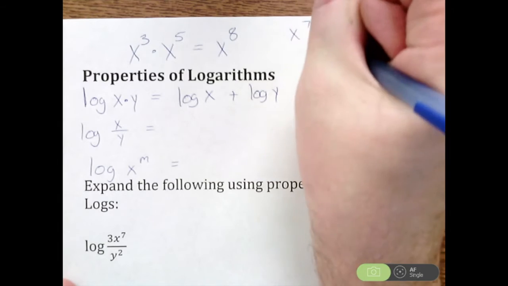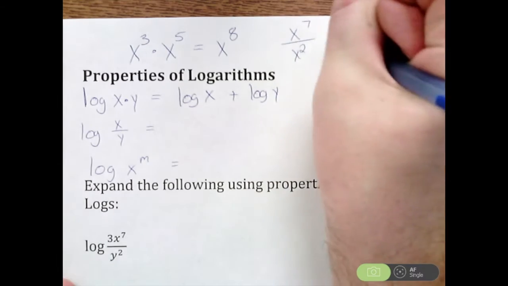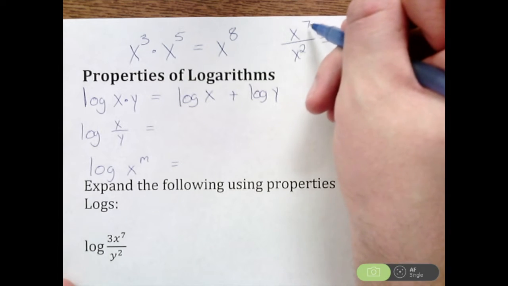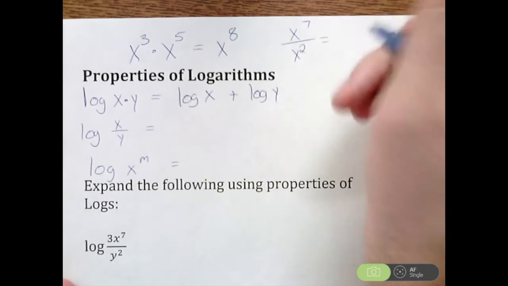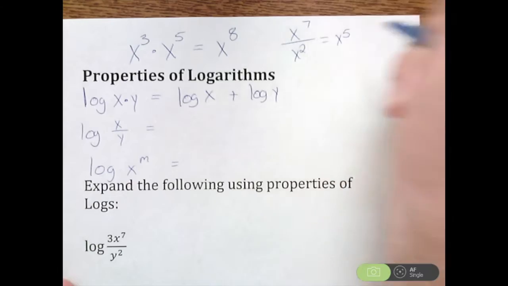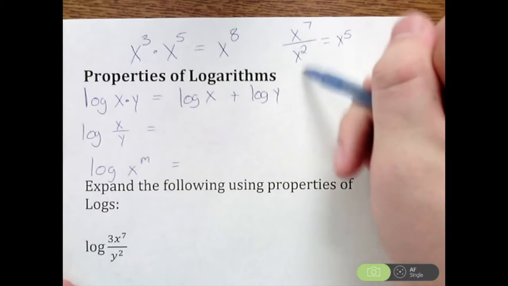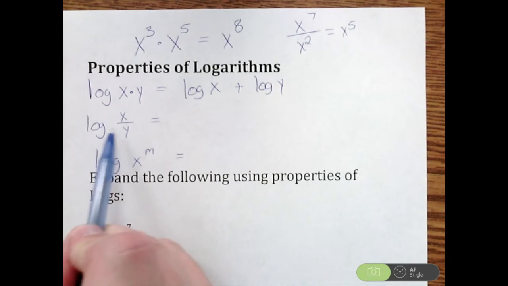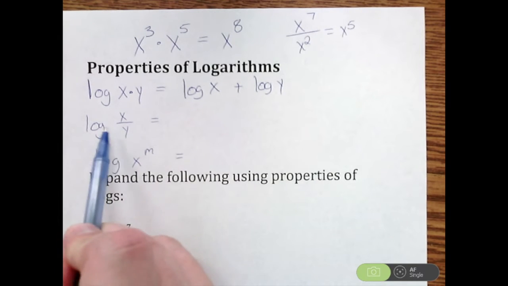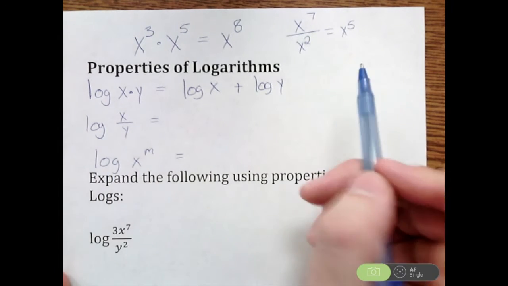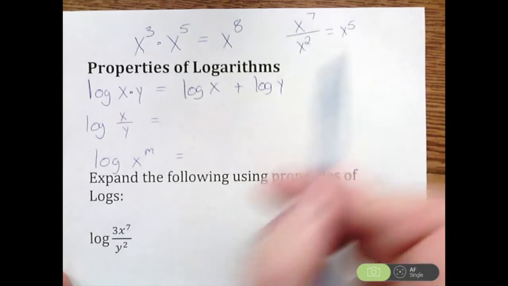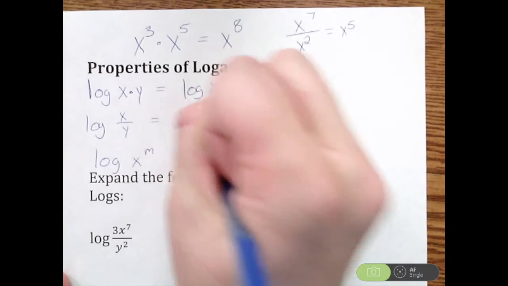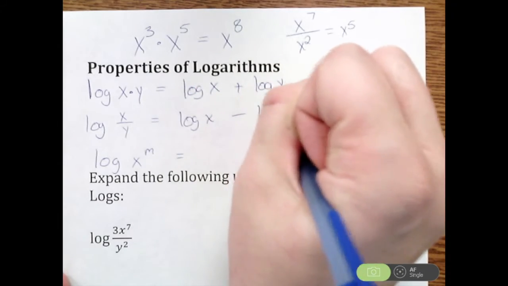If I had x to the seventh divided by x squared, the shortcut was to take the exponents and subtract. We took 7 minus 2 and got 5. So when dividing, we subtracted the exponents. The same happens here with logs: log of x divided by y is log of x minus log of y.